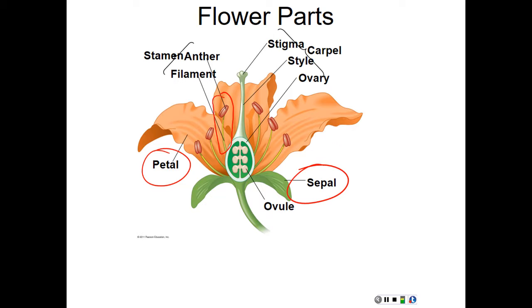And this pollen, of course, holds the male gametophyte, the microscopic male gametophyte that produces sperm. There are two parts of our stamen. This stalk-like part right here is called the filament, and it is what is going to hold up the pollen-producing sac.